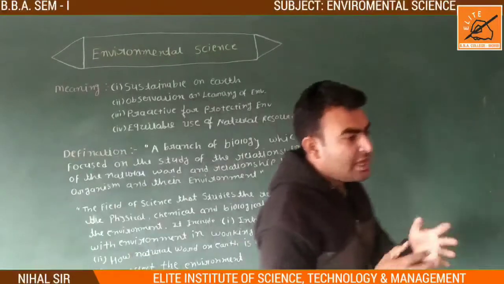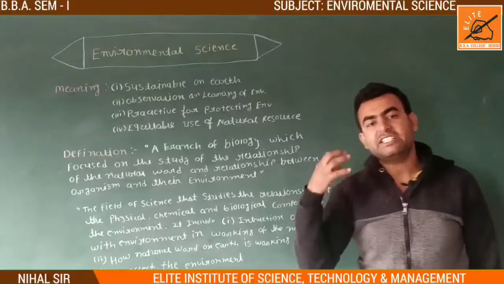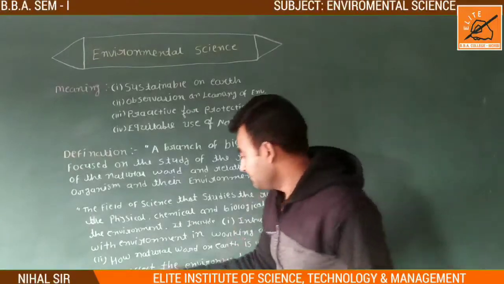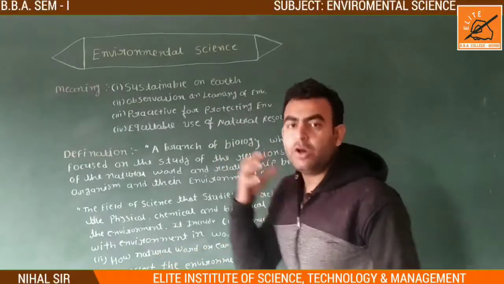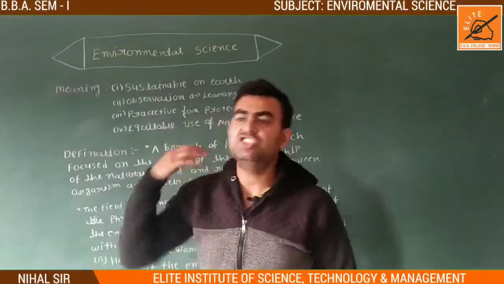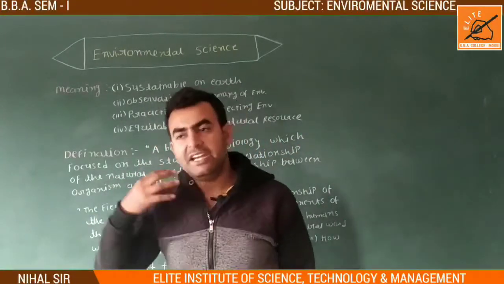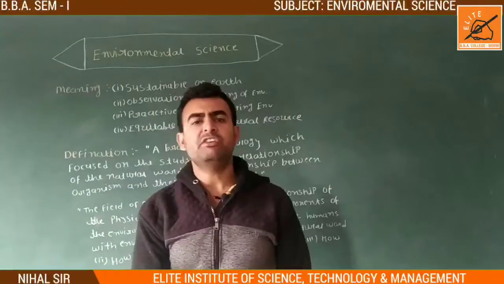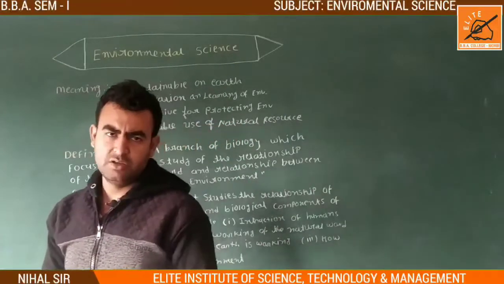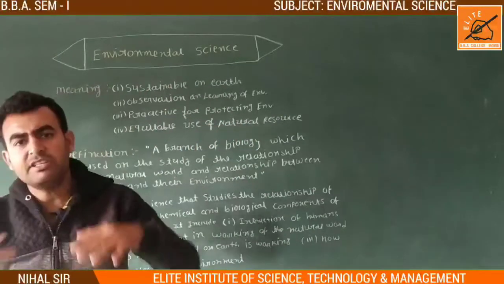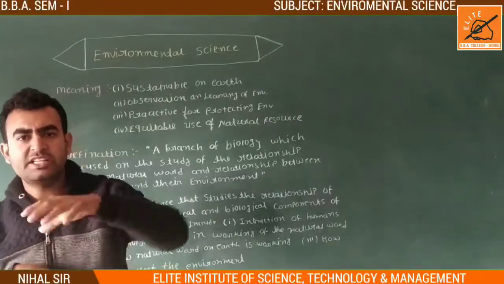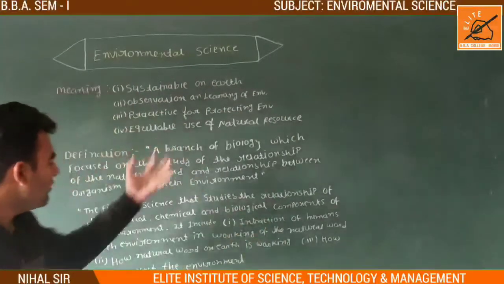What is the scenario of the natural world, natural living and non-living organisms, and all the things that surround us, and how it is working. This is analyzed by environmental science.